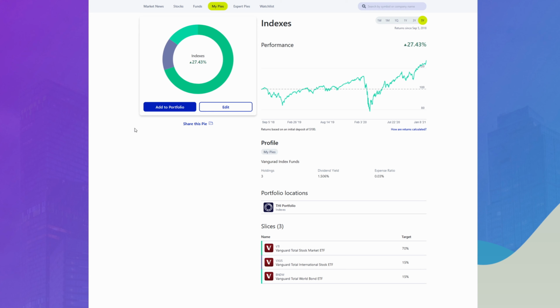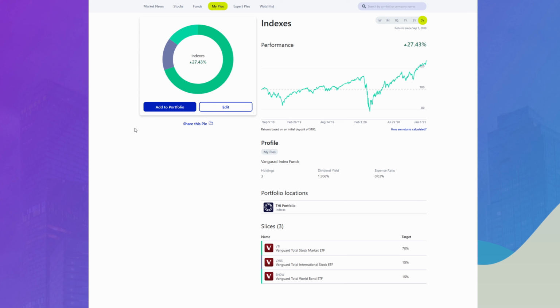If we click on the indexes pie, you can see that I have VTI, which is the Vanguard total stock market ETF, VXUS, which is the Vanguard total international stock ETF. And then I went really back and forth on this one, having a little bit of a bond allocation.